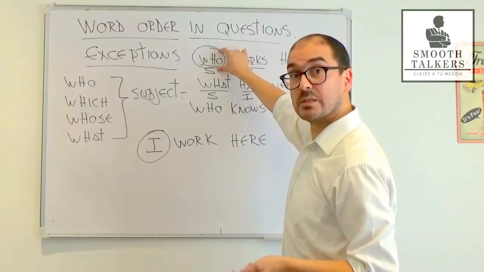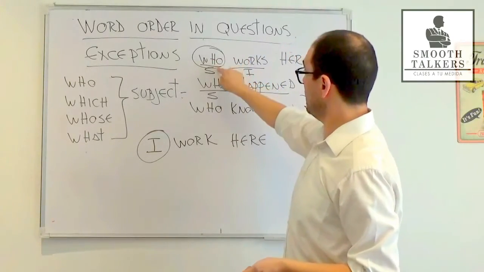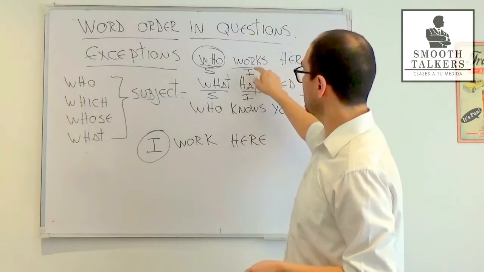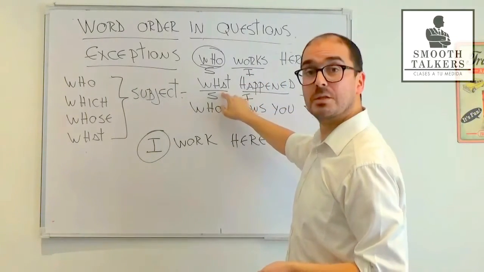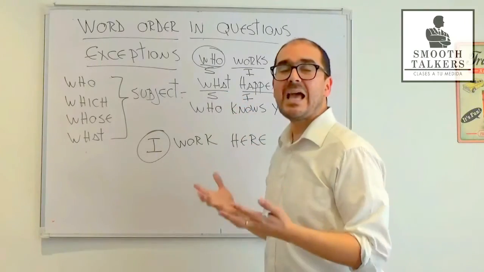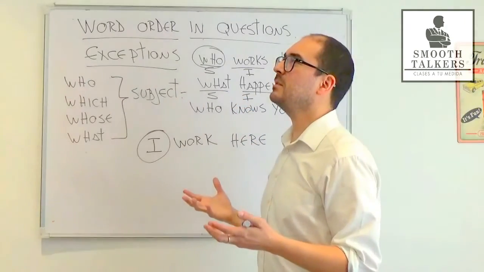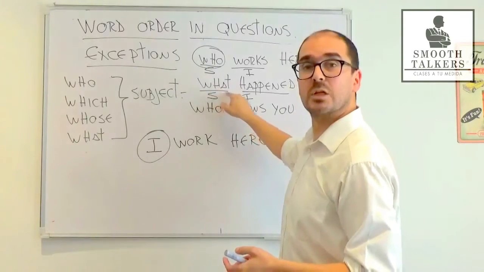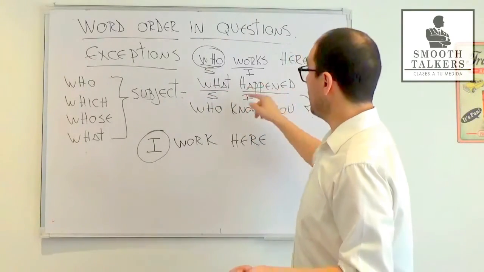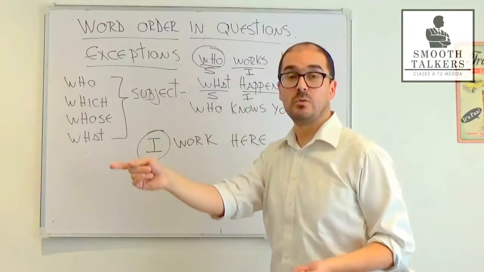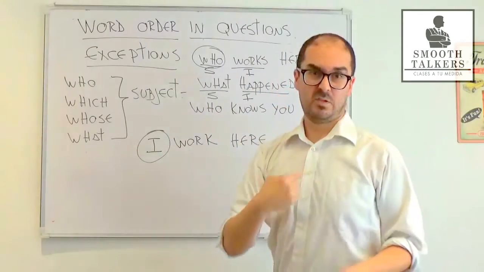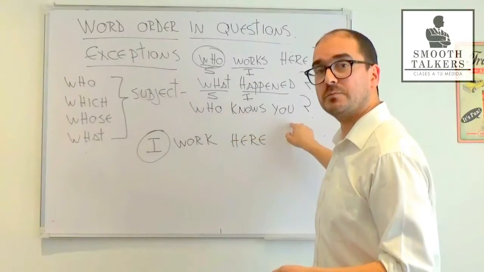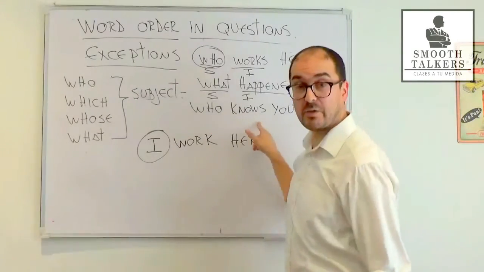Because who, in this case, is the subject of the question, and it's followed by the main verb of the phrase. Same happens with what. What, the action, the conflict, if you want to call it that way, is the subject of the phrase. Same thing. What happened to you? To you. To me. Okay? Who knows you? This is another example.